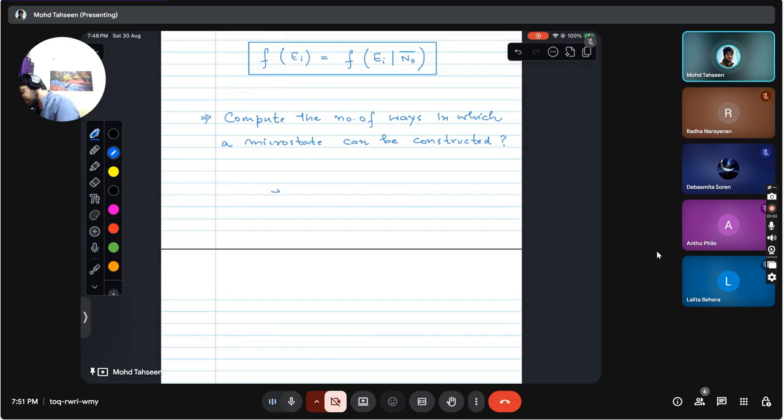Okay, and this we represent by omega i, and this will be equal to Si factorial divided by Ni factorial into Si minus Ni whole factorial.